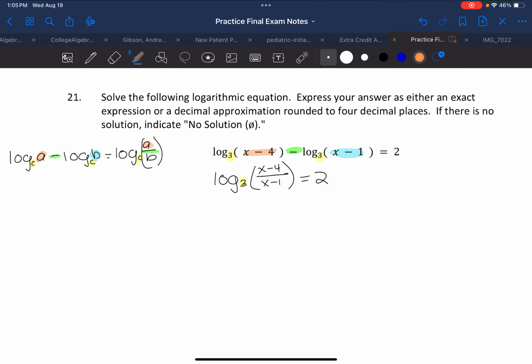Okay, so now that we have it all in one log expression, we can transform this to exponential form. So again, exponential form is if I have log base A of B is equal to x, then A to the x is equal to B. So that's going from logarithmic form to exponential form.